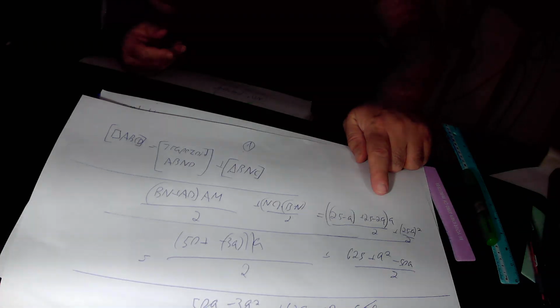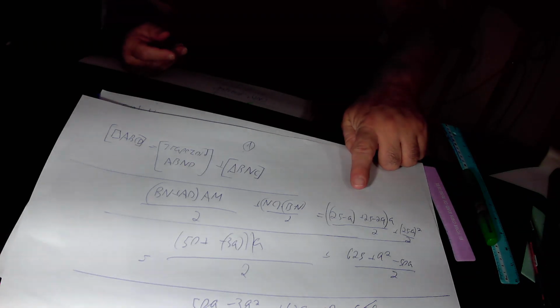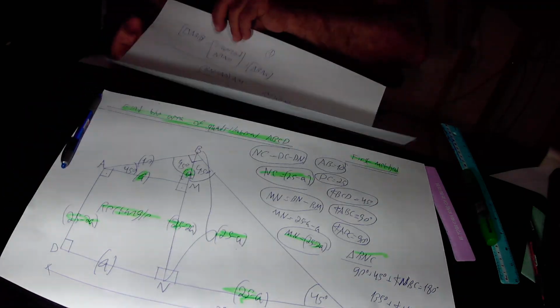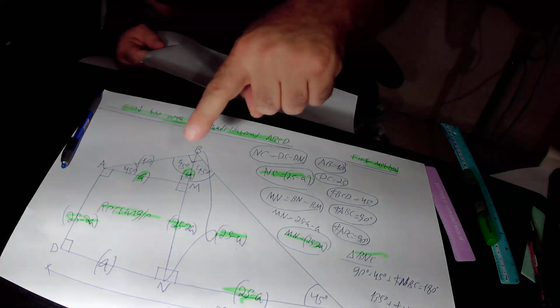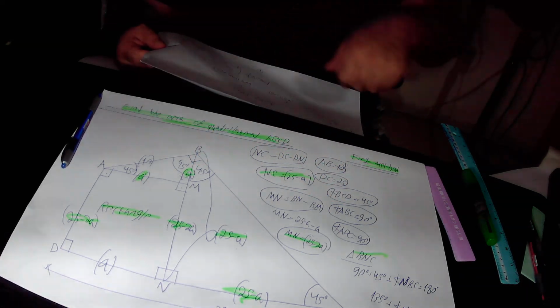So in total, the area of trapezoid ABND equals the sum of its two parallel bases, 25 minus A plus 25 minus 2A, times the height A over 2, plus the area of this right triangle BNC. The area of the right triangle BNC equals the base NC times the height NB over 2.